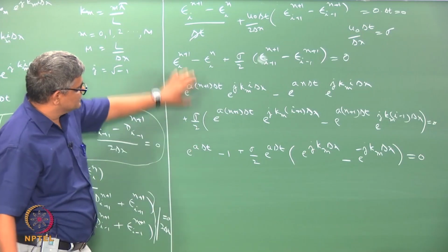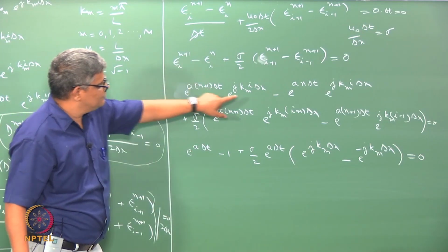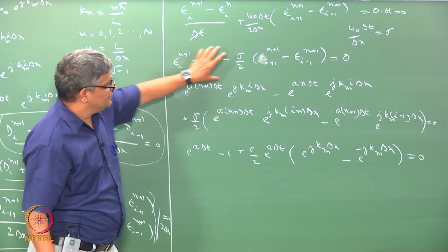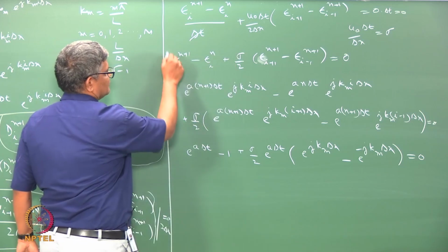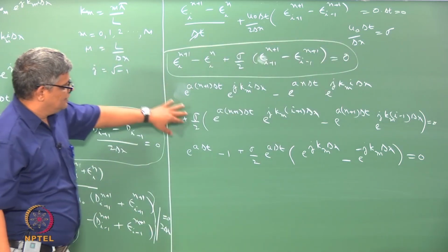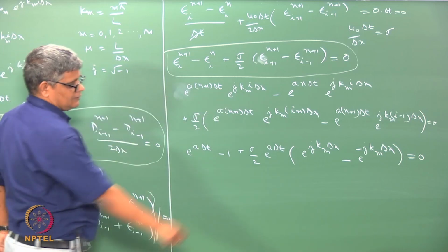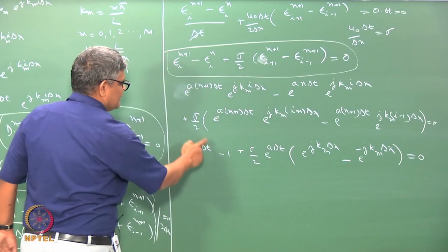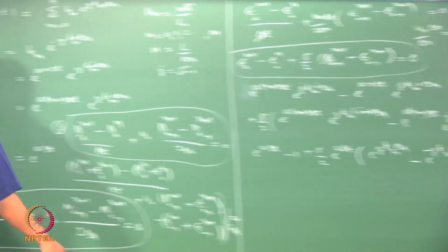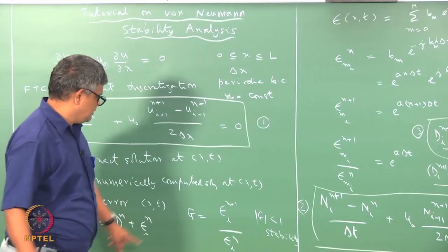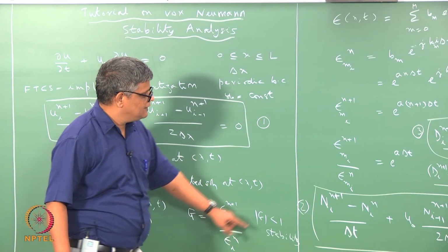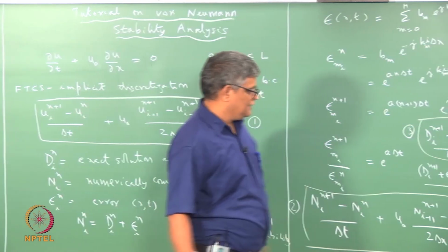Okay, so, we have now this equation, which is just a simplification of this, in which we have substituted the mth wave component in the error propagation equation here, and divided by this quantity in order to get G, because this is precisely what our amplification factor is, because this is epsilon I n plus 1 by epsilon I n, and that gives us this.